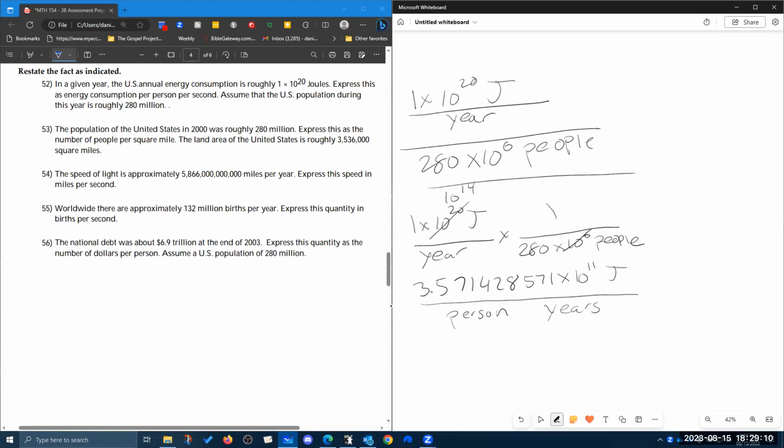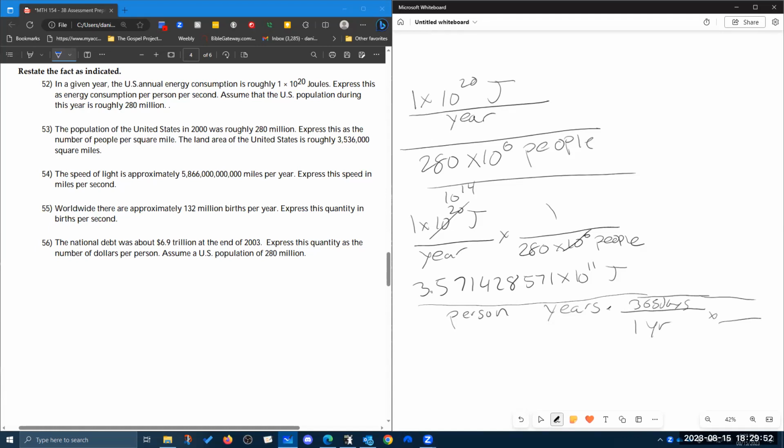To get rid of years, there are 365 days in a year. So we're going to put that down here in the denominator. That year right there, 1 year is 365 days.